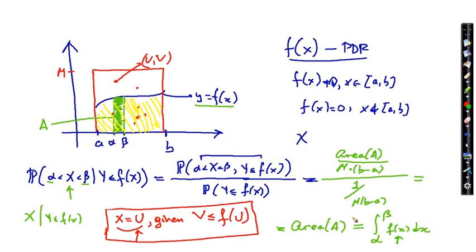If I'm calculating probabilities of being between alpha and beta by integrating some function between alpha and beta, then that means that function is the PDF of that random variable. So the random variable x, taking only those values where y is less or equal than f of x, will have the exact distribution f.